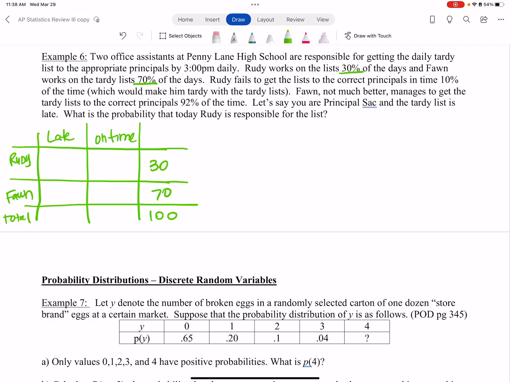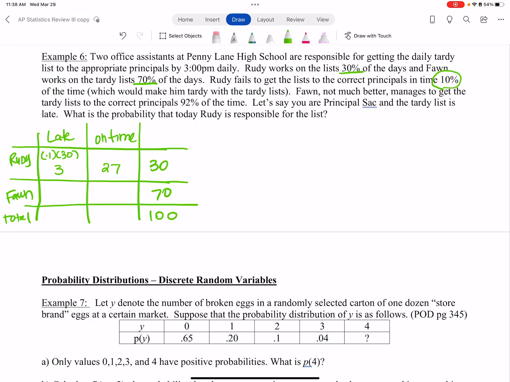Rudy fails to get the list in 10% of the time that she works, so that would be 10% times 30, which is going to be 3, and then that means 27 out of 30 is on time. Just make sure I got that, 30% of the days, 10% of the time, yes.